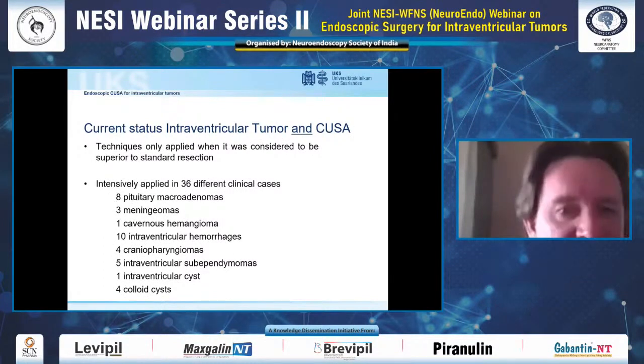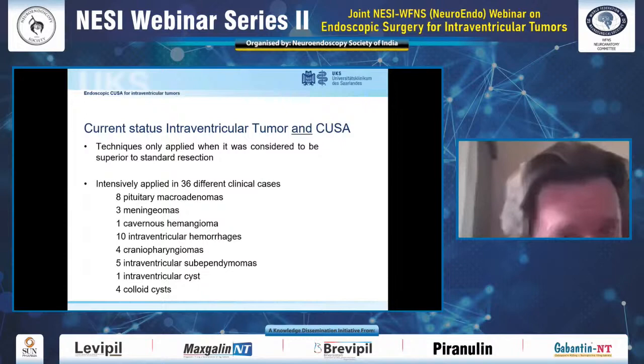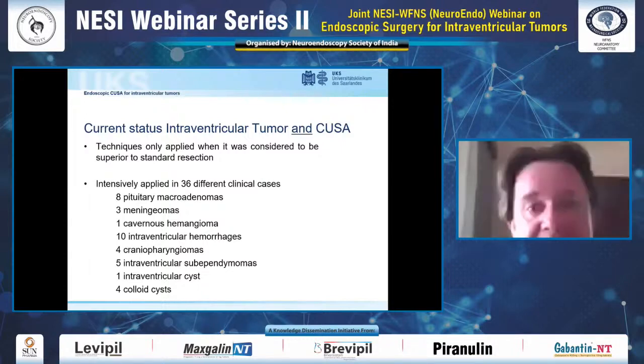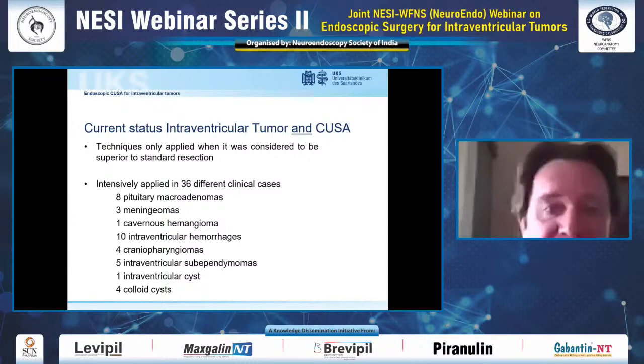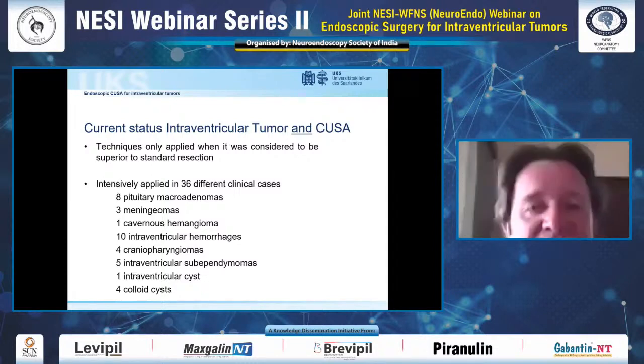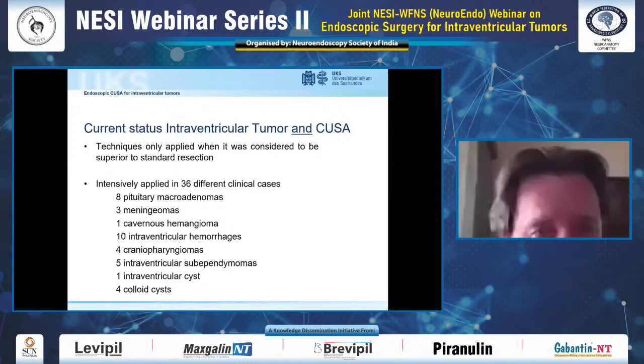We have done only 36 procedures so far with a pure endoscopic technique in intraventricular tumors and CUSA. There were 8 huge pituitary macroadenomas extending into the ventricles, 3 intraventricular, 4 craniopharyngiomas.